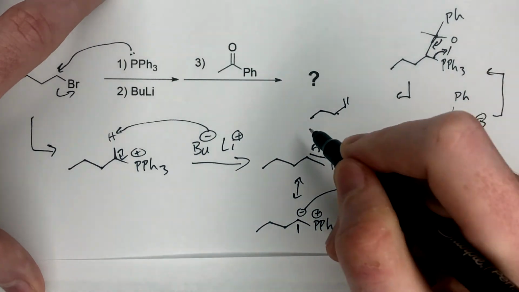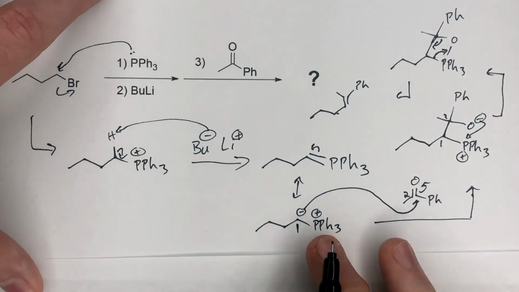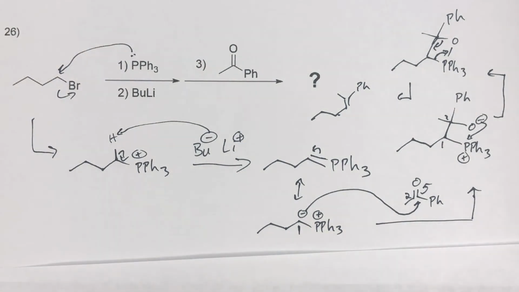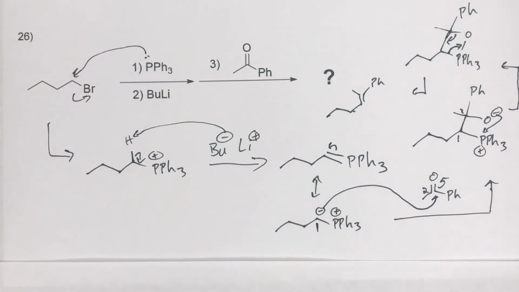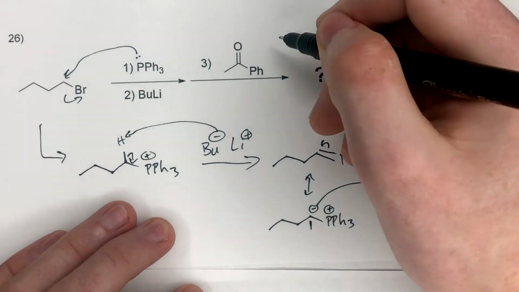1, 2, 3, 4, 1, 2, 3, 4. Okay, that's right. So in essence, if we look at this entire scheme, on a final I would recommend not going through the entire mechanism unless you have the time. If you have the time, you can convince yourself that you got the right answer. But in essence, you should draw the mechanism to the point that you get the ylide. Once you have the ylide, I'll show you a little trick.